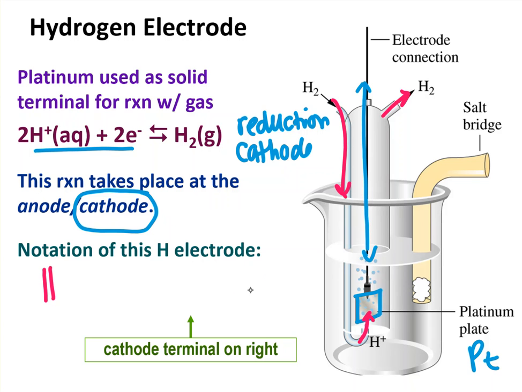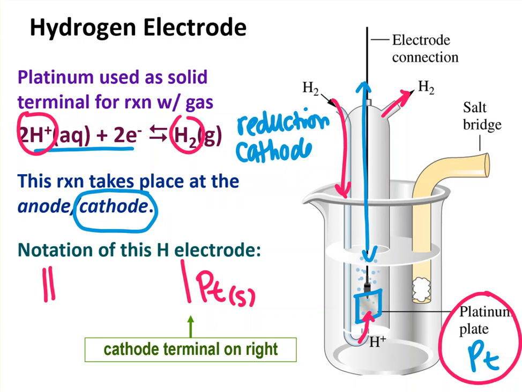On the very end, on the right, that's where we have the terminal. And in this case, our terminal is this platinum. So on the very end, I'm going to put the platinum. And then I have a line because there's a phase boundary. And next to that, remember that we always do this in order.